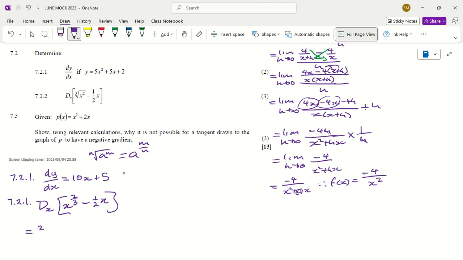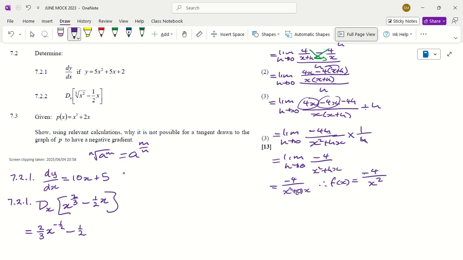Now when we differentiate, we are going to multiply x by 2 over 3, so that will be 2 over 3x. And when we subtract 1 from 2 over 3, we get negative 1 over 3. And then when we multiply by 1 over 2, it stays the same, and then subtracting 1 from 1 gives x to the exponent 0.